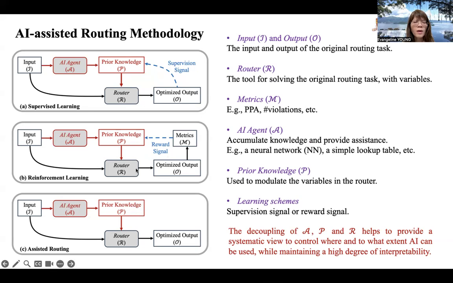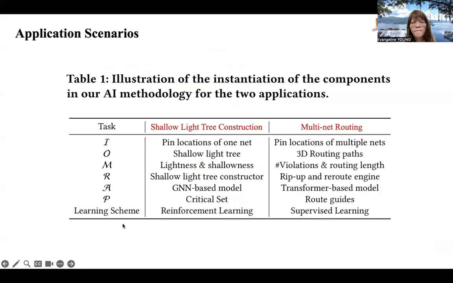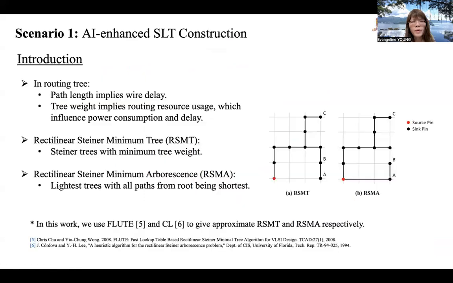After the training, we only use the AI agent to generate prior knowledge, and the prior knowledge will be used by the corresponding EDA tools to perform the job. So today we will look at two scenarios. One is construction of a shallow light tree, and the other one is routing of multiple nets in a window.